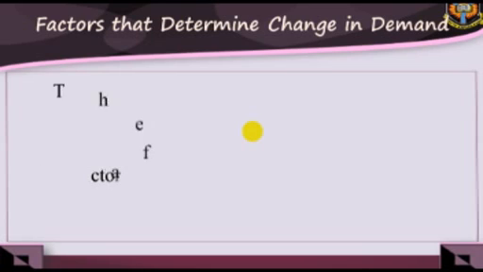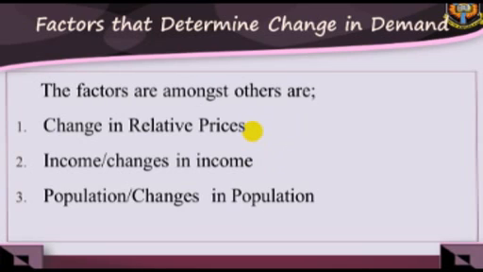Factors that determine change in demand. Number 1, change in relative prices. An increase or decrease in relative prices will either shift the demand curve upward or downward, that is, outwardly or inwardly. This shift in the demand curve will depend on the type of good that is involved.